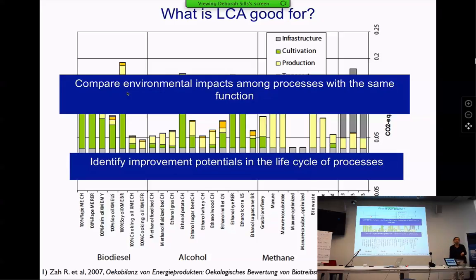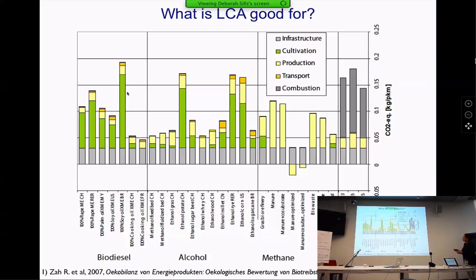It also allows me to identify bottlenecks or hotspots, or where in my process I want to focus my research on improving. So for example, here you can see the greenhouse gas emissions divided up by unit process. We'll talk about unit processes more soon, but to make fuel from biomass, we have the cultivation. Then we have what they're calling here the production. I would call that the conversion process, converting the biomass to the energy source, transportation, both of the fuel and of the feedstock, and combustion.